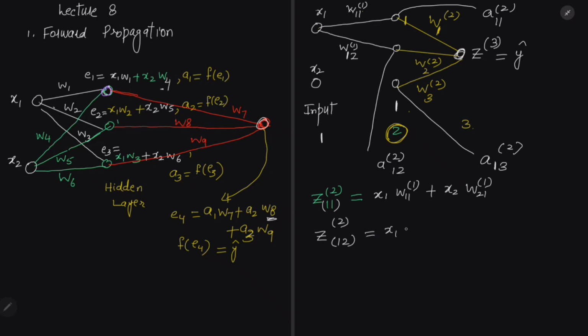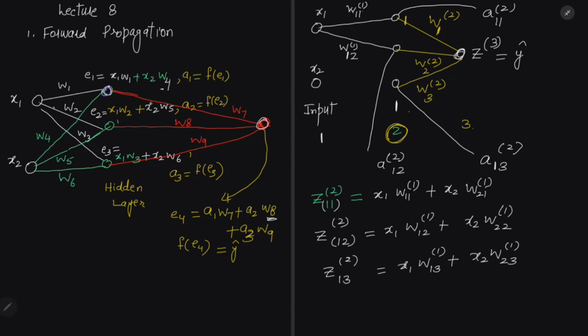That will be x1 w112 plus x2 w122. And I continue for layer number 2. We have 1 3, and we have x1. The weight is coming from layer number 1, which is the input layer, 1 3, plus x2 w123.